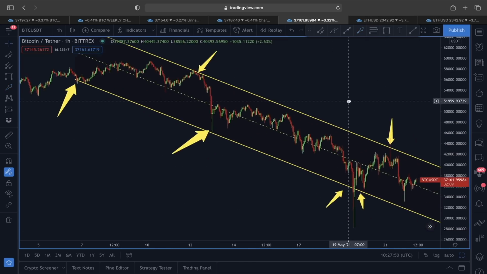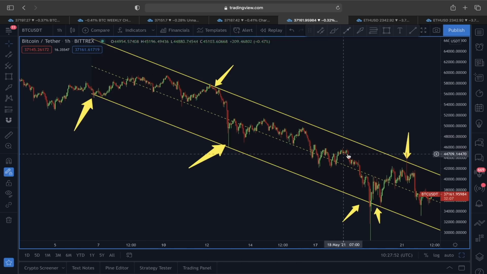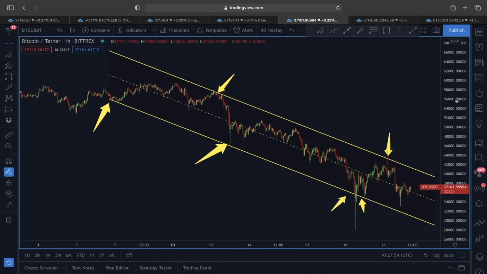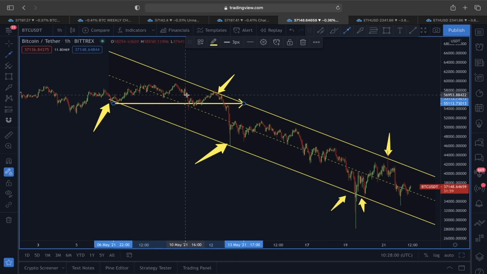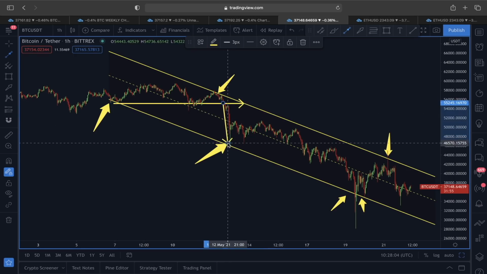But the important takeaway from this price movement is that every time the price of Bitcoin broke out of this support line inside this descending channel, we had this price pullback, right?